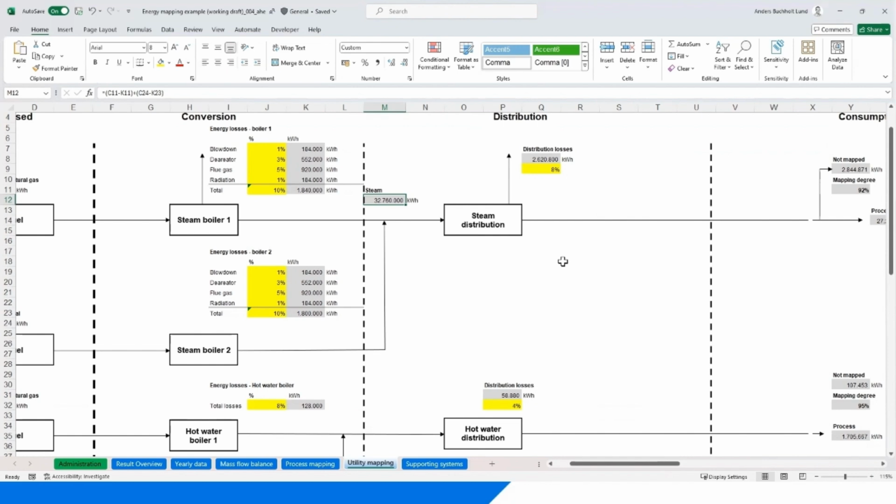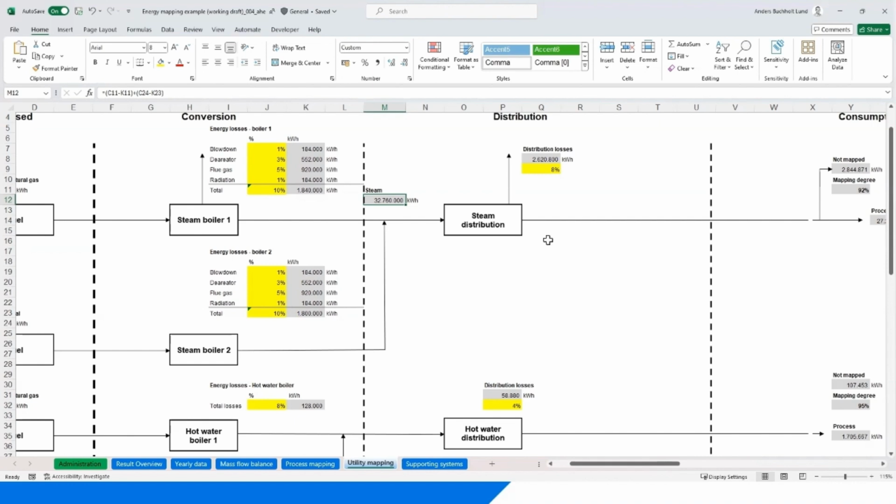We have several times tried to model the losses of these steam systems, and every time it ended up being very big and very complex models. And we ended up making a lot of assumptions related to the state of the insulation material, the extent of the systems, and so on and so forth. So this will be associated with a lot of uncertainties, even though we make a very sophisticated model.